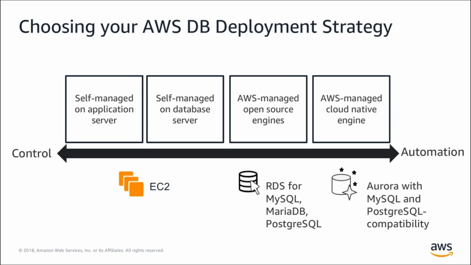With automation in the managed database offering, security patches and everything will be provided by the managed database provider. In the case of RDS and Aurora, we tend towards more of the automation side of the features in a managed database offering.